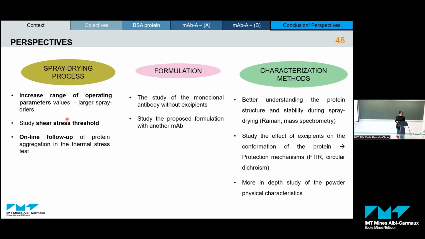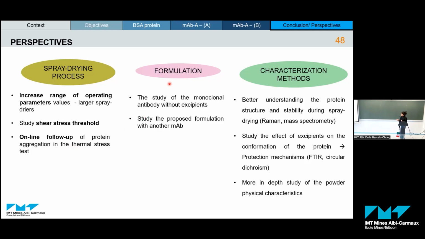Then the study of the shear stress threshold, to generate a shear stress enough to be sure that our protein is being denatured, and from there study different regimes of shear stress. And finally, the online follow-up of the aggregation during the thermal stress in the single droplet drying to understand how the different excipients are acting against the thermal stress.